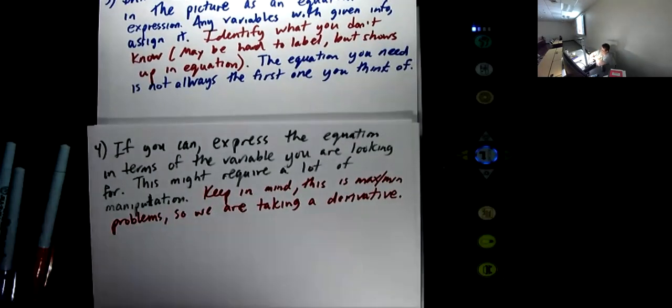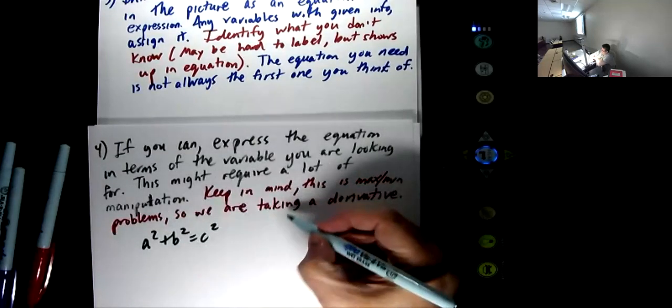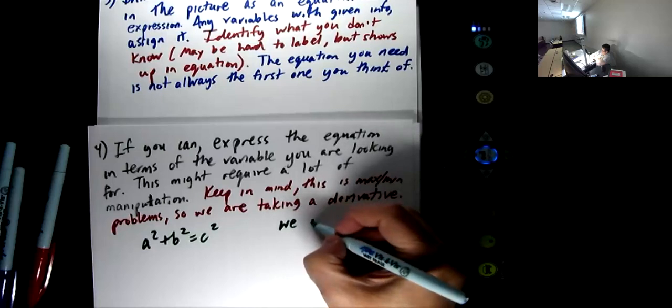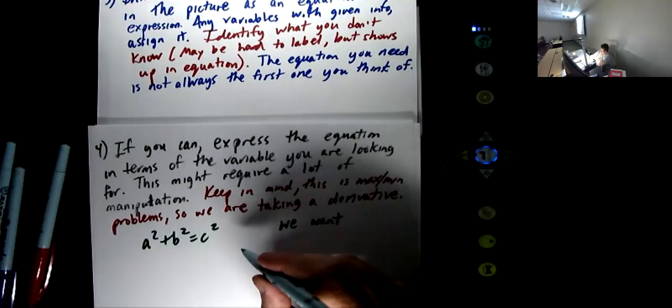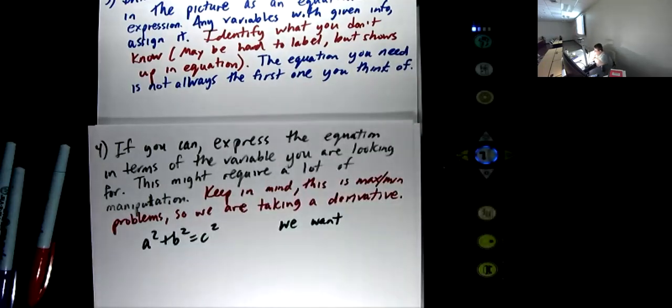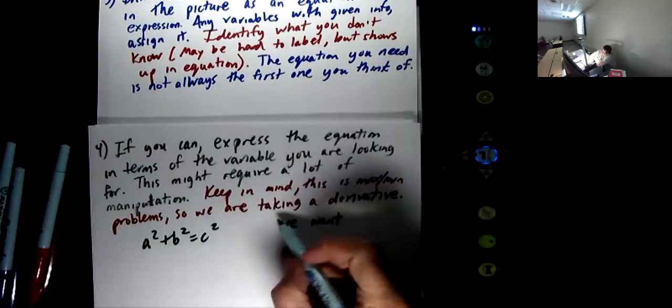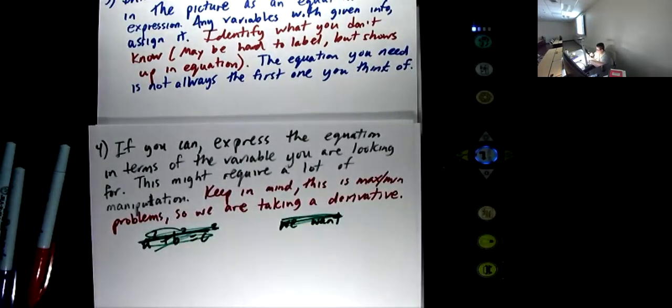If we had a squared plus b squared equals c squared, and we want, ooh, what do we want to do here? That might not be the best example. Let me not give an example yet. Let's wait for a problem.